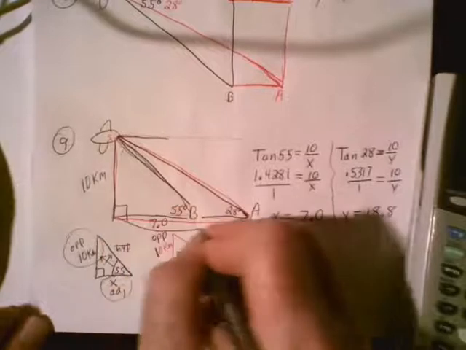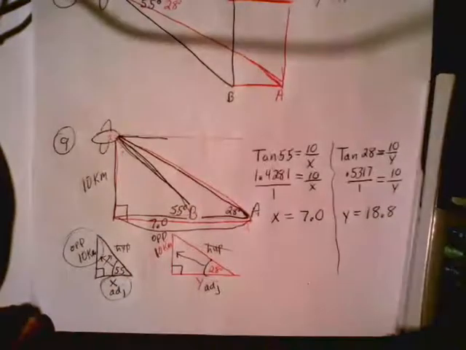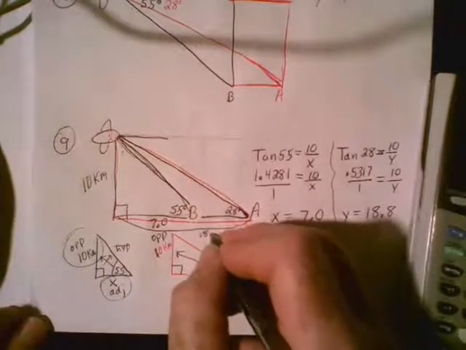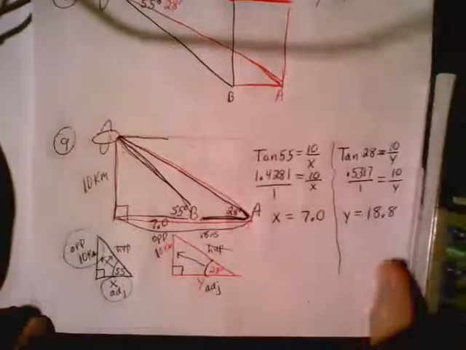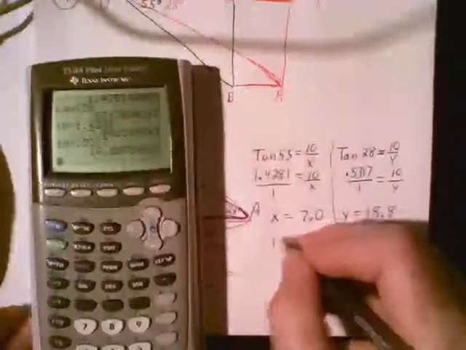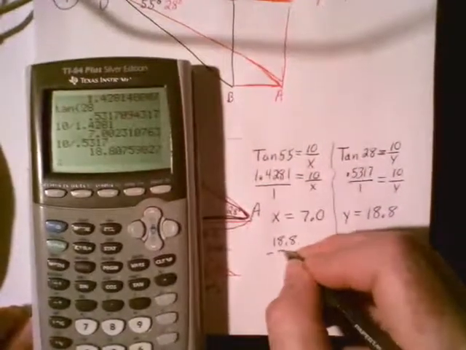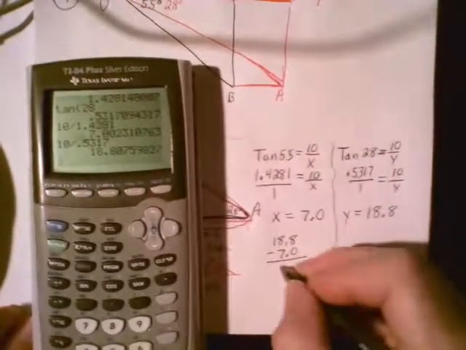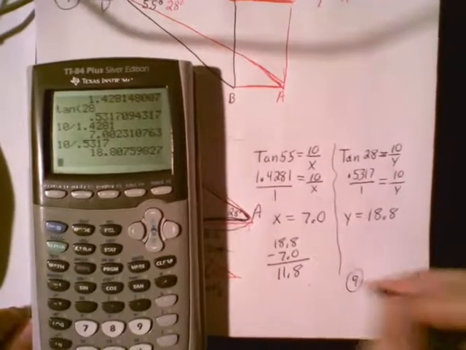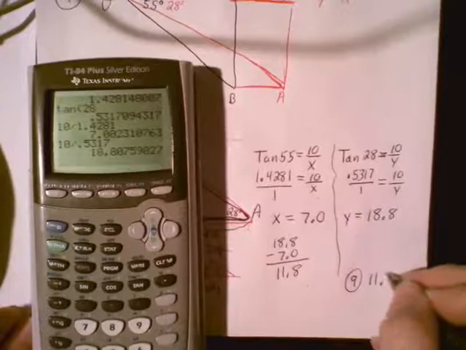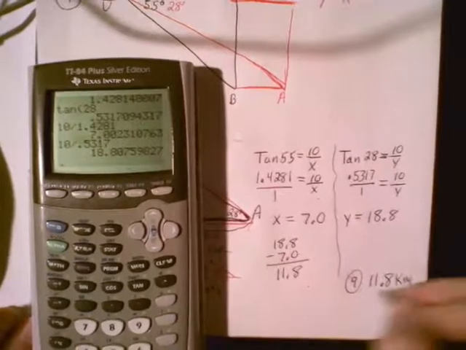The distance from there to A is 18.8. We want to know how far apart they are, so we just subtract those two. So we take 18.8 minus 7.0, and we end up with 11.8. So the answer to number 9 is those two cities are about 11.8 kilometers apart.